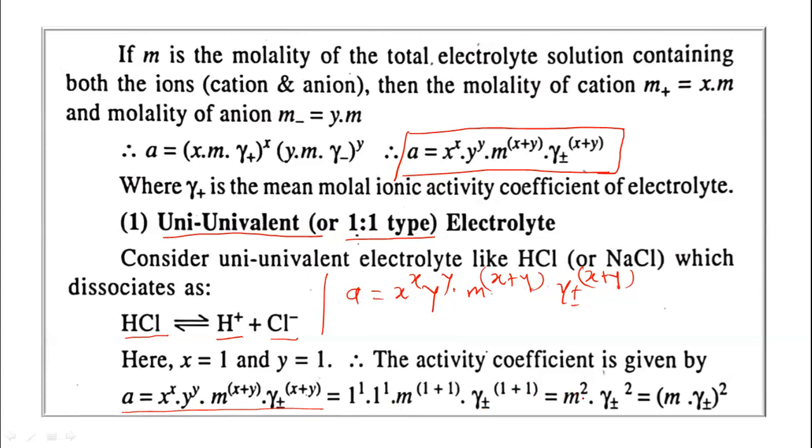So this is m square into gamma plus minus square, or m into gamma plus minus, bracket square. So the expression for the activity of a univalent electrolyte is m square into gamma plus minus square, or m into gamma plus minus bracket square. This is the expression for the univalent or 1s1 type of electrolyte.